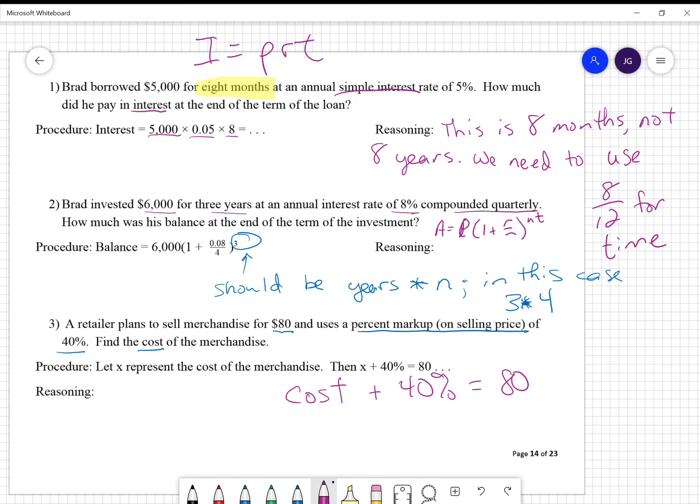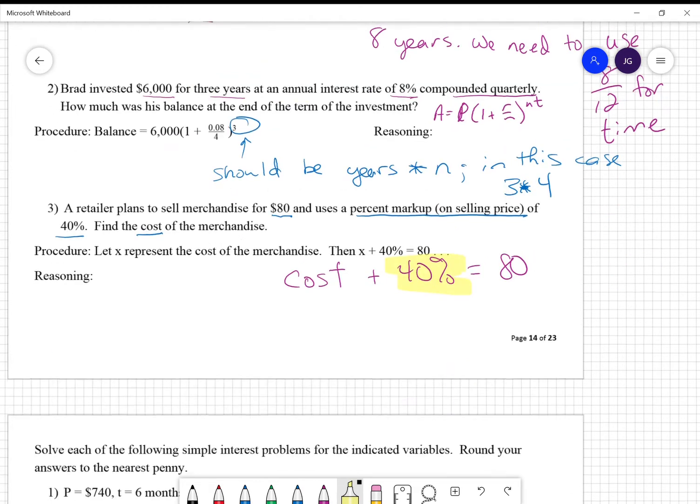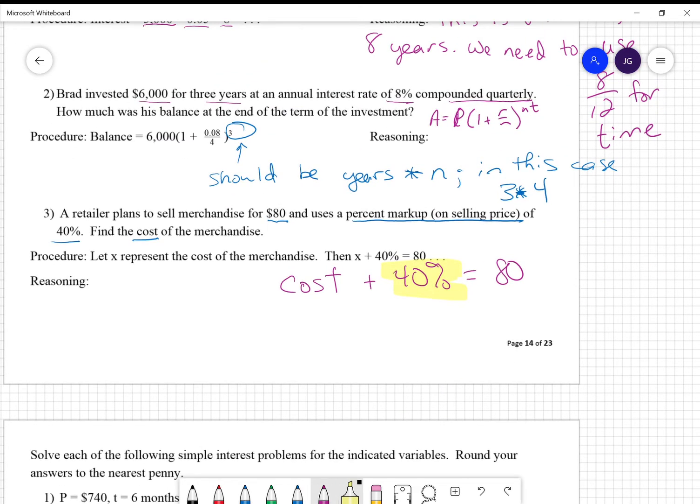What's wrong with that? 40% of what? Okay. So although this can be done a different way, their procedure is fine if they say X plus 40% as a decimal times X is equal to 80. Okay, next example.